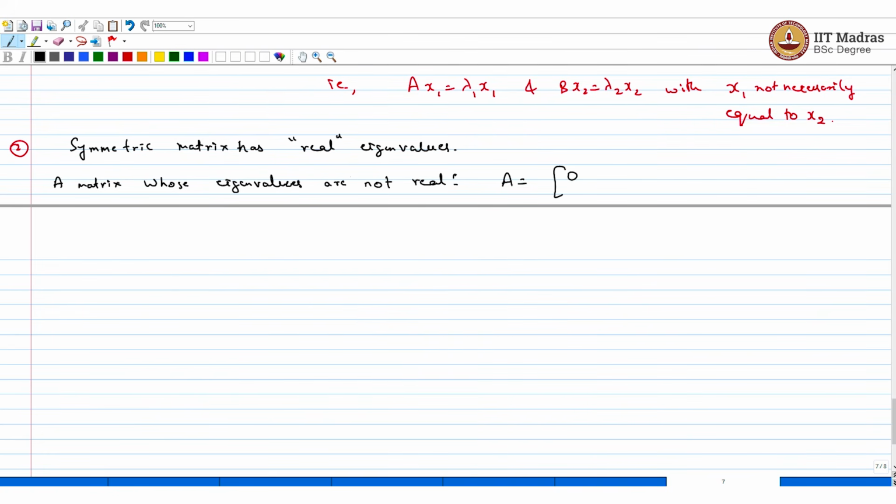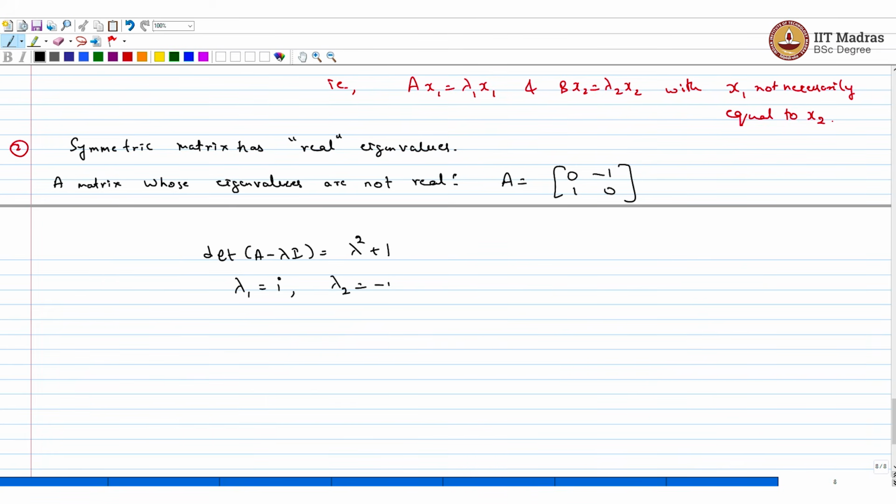I am going to give out the solution. There are many such examples, but the simplest is this. Now, the determinant of A minus lambda I is lambda squared plus 1. So the eigenvalues are i and minus i. So, the eigenvalues are imaginary.